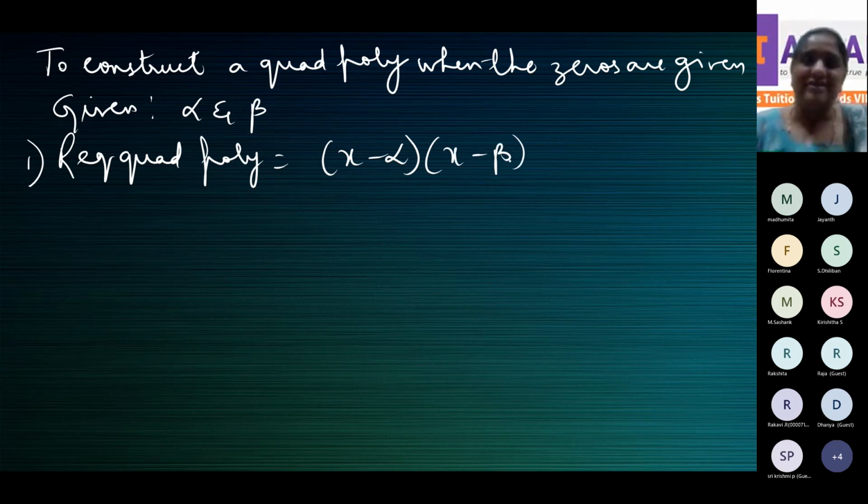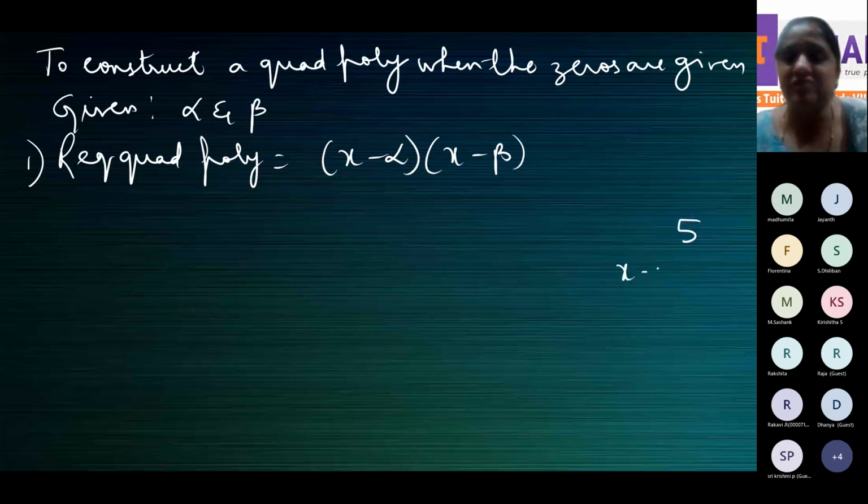We have understood this already. When you know the zeros, you can find the corresponding factors. If 5 is a 0, x minus 5 is a factor. If minus 7 is a 0, then x plus 7 is a factor.